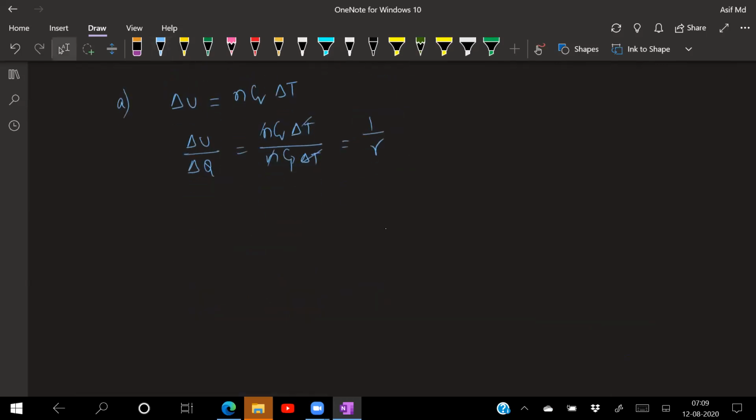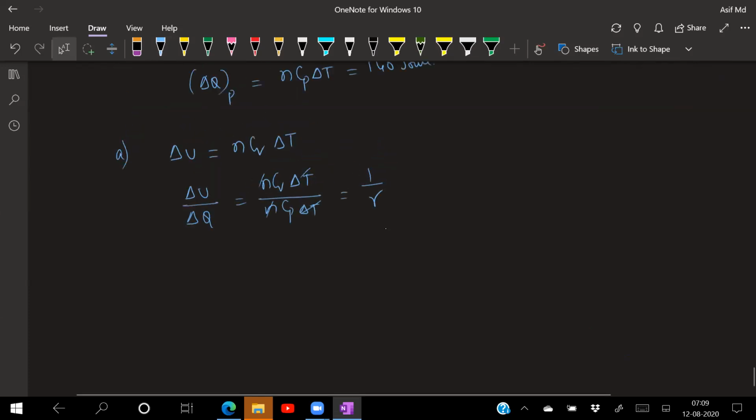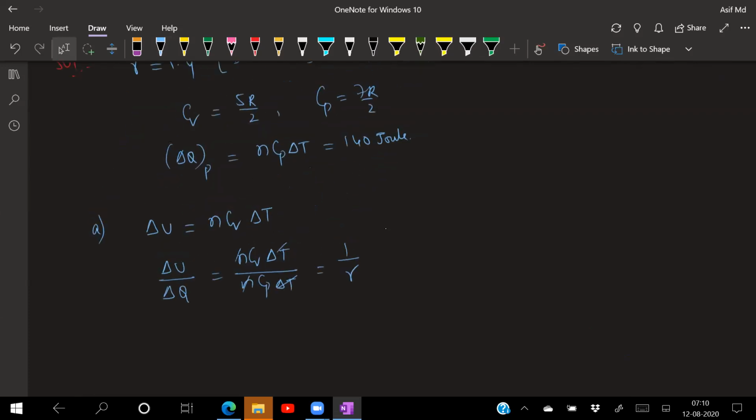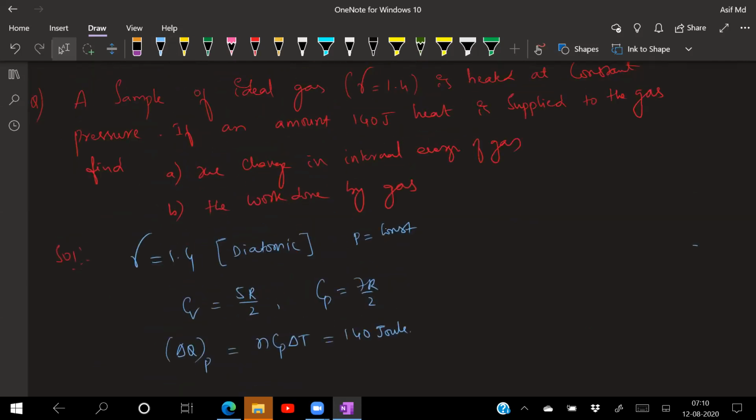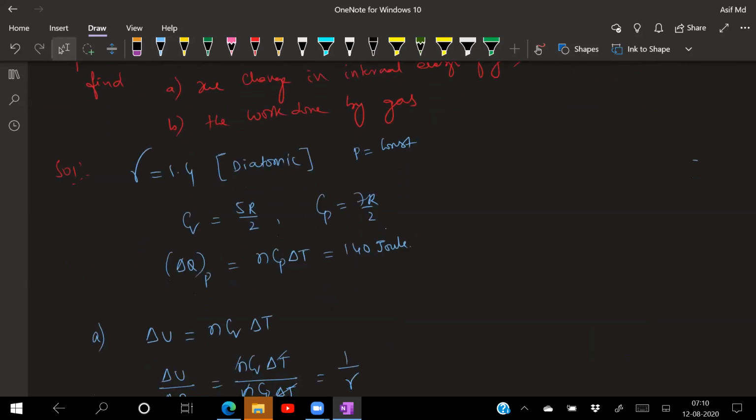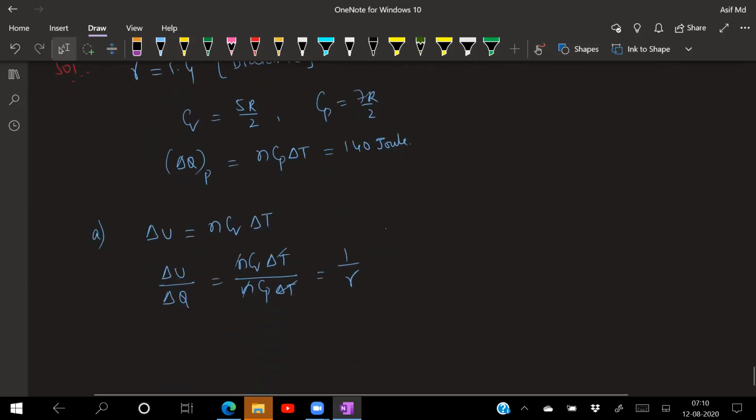How can we divide like that? Because he has given me the relation only, and he already tells in the problem that an amount of 140 joule is supplied to the gas, and he is asking the change in internal energy.